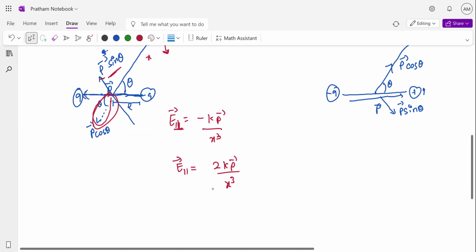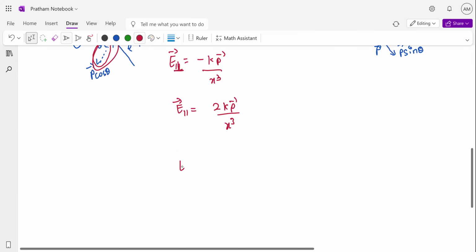So you just have to do one thing: add E net. If you do E net, what you are going to get is E perpendicular plus E parallel. Put the values. When you put the values, take kp outside. You will be left with only minus 1 by x cube plus 2 by x cube.